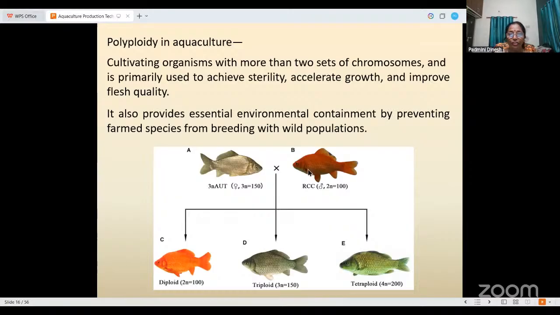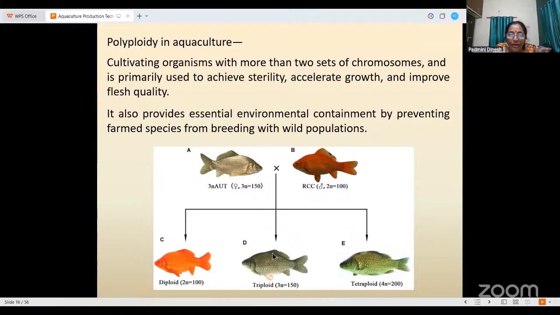Now this is a goldfish. The same goldfish was changed to triploid, becoming a white color. So the gold is no longer gold color, but it has become white. Now, when they mated these two together, if the genes were mostly of RCC, you get a diploid. If you get a 3N, the triploid.